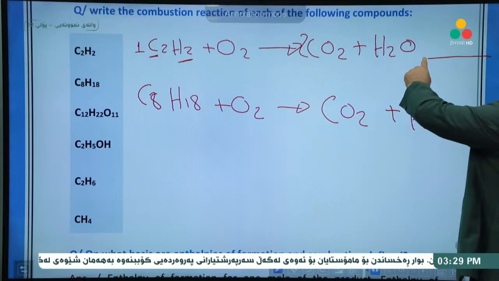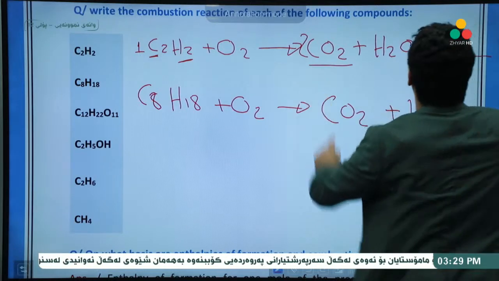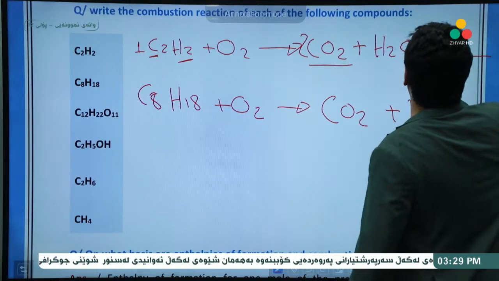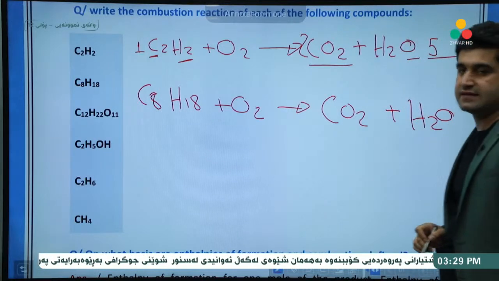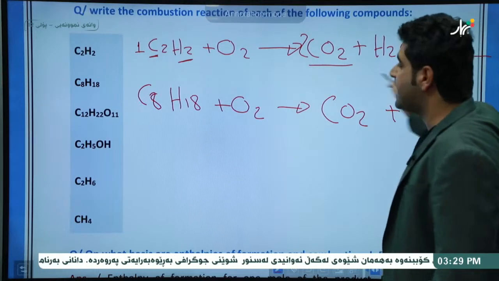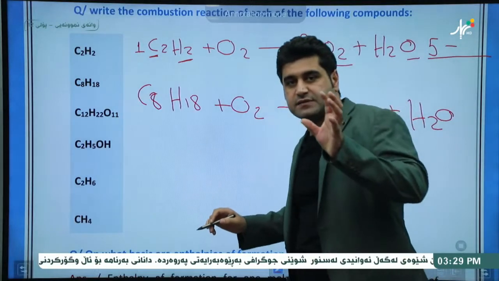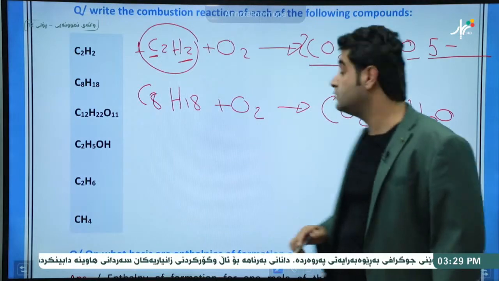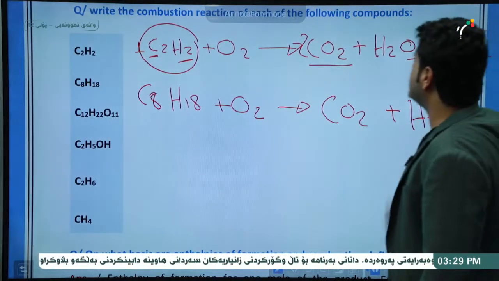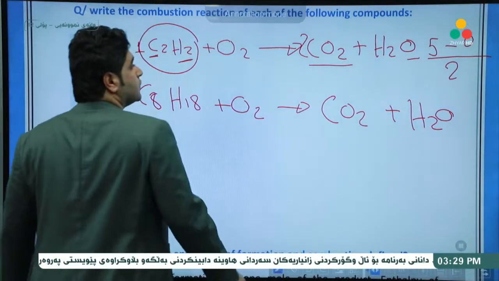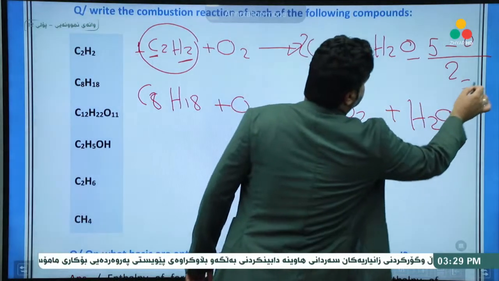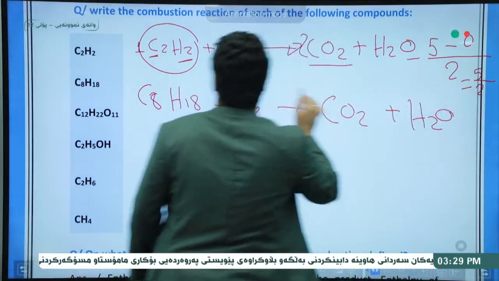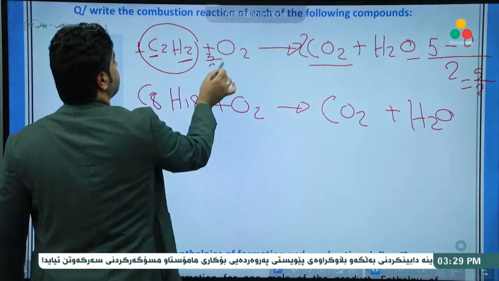Here we have 1 oxygen. Here we have 4 oxygen atoms. So it's 5 oxygen atoms. And then minus the oxygen in the combustible compound. How many oxygens do you have in this formula? No. So it's 0. Divide by 2. We will get 5 by 2. So put 5 by 2 in here.